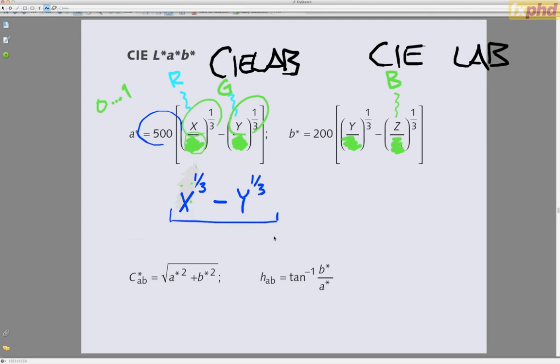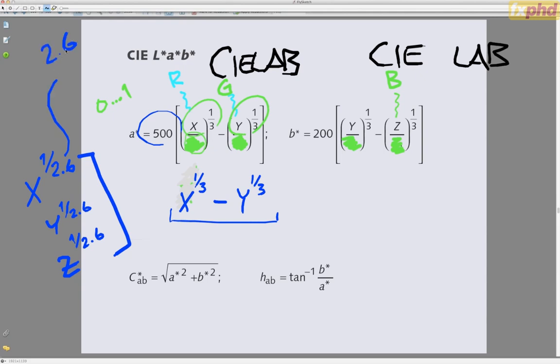Now, take a look at those terms and think about, for a minute, x to the 1/2.6 and y to the 1/2.6. That's digital cinema coding. Digital cinema coding has got a 2.6 gamma. Now, I'm putting it in quotes because here we're using the reciprocal gamma. This would be digital cinema encode.